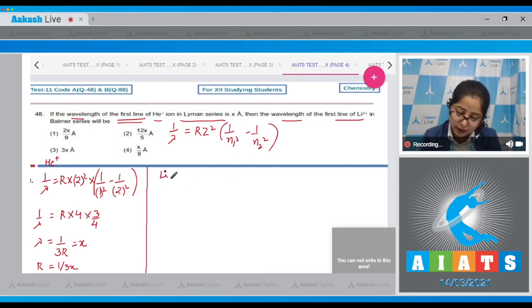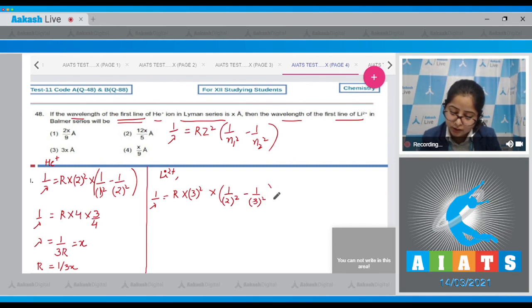For Li2+ ion, 1/λ = R × Z². For Li2+ ion, the value of Z is 3. So 3² × [1/2² − 1/3²], since we have to calculate the wavelength of the first line in the Balmer series.